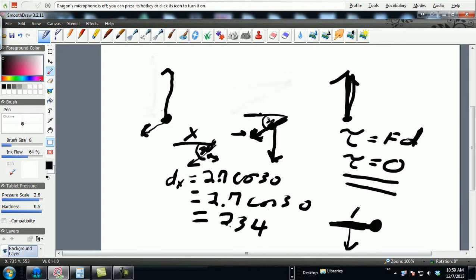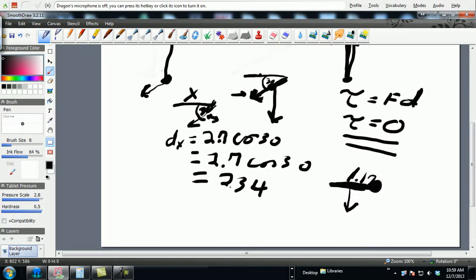Half of 2.34 is 1.17. Now you have a pivot point, you have a lever arm, and you have a perpendicular force. The perpendicular force is going to be mg.